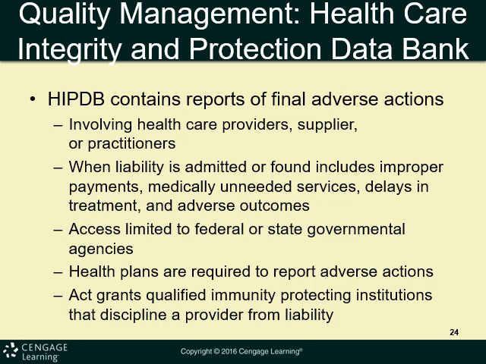The information to be recorded includes the name and tax ID number of the provider, supplier, or practitioner who is subject to the adverse action, the name of any healthcare entity with which the provider, supplier, or practitioner is associated, the nature of the adverse action and whether such action is on appeal, and a description of the acts, omissions, or injuries that form the basis for adverse action.